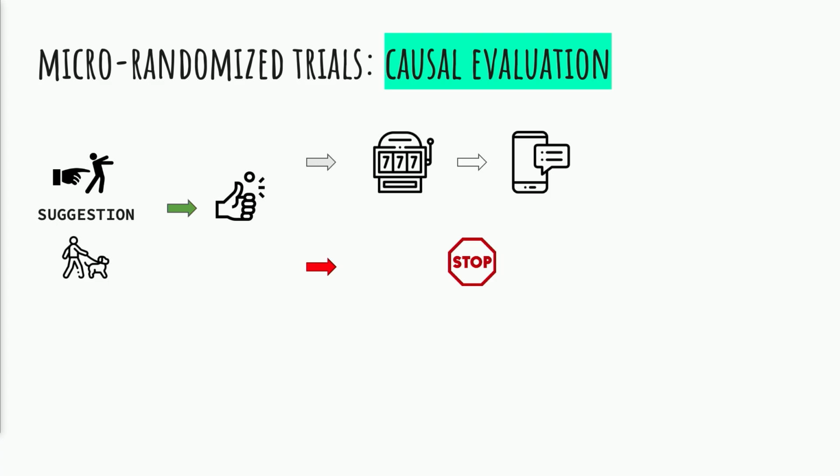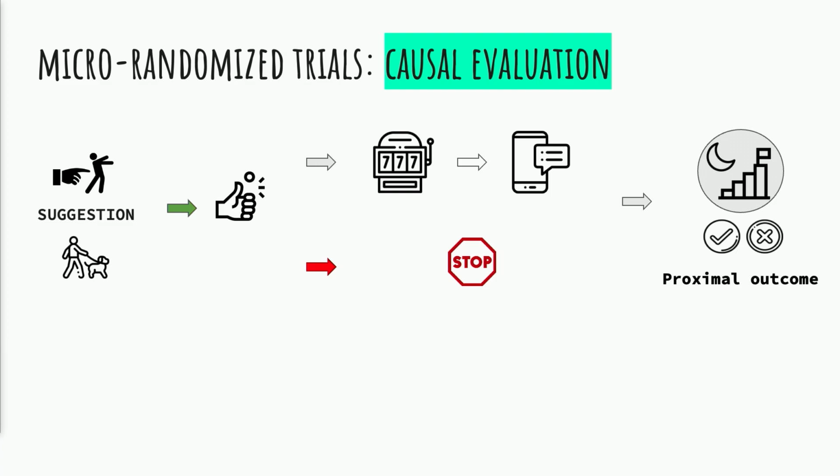By this we introduce the treatment days and the control days for a person, and then we can compute the proximal outcome, which could be either it worked or not, so it could be binary, or it could even be continuous. In that case it would be the number of steps, for example, by the end of the day. And we model this by the treatment component, or the randomization, and by some contextual information which we know.